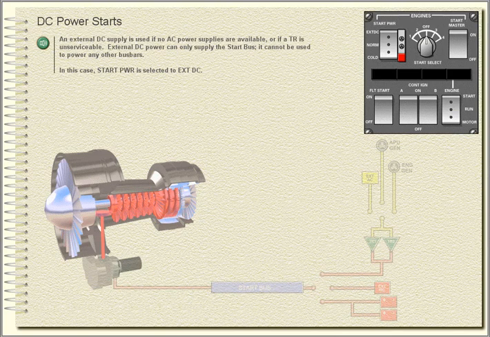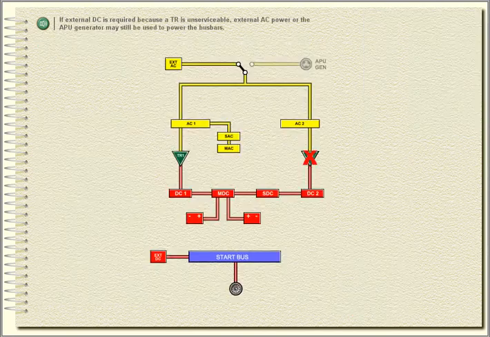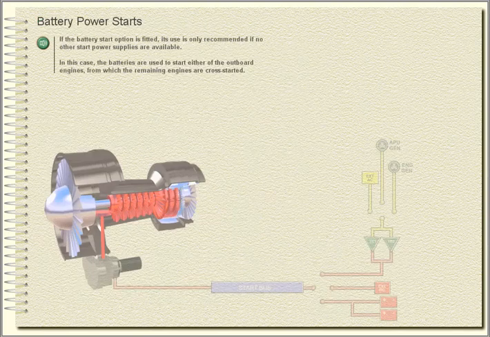In this case, start power is selected to external DC. If external DC is required because a TR is unserviceable, external AC power or the APU generator may still be used to power the bus bars.